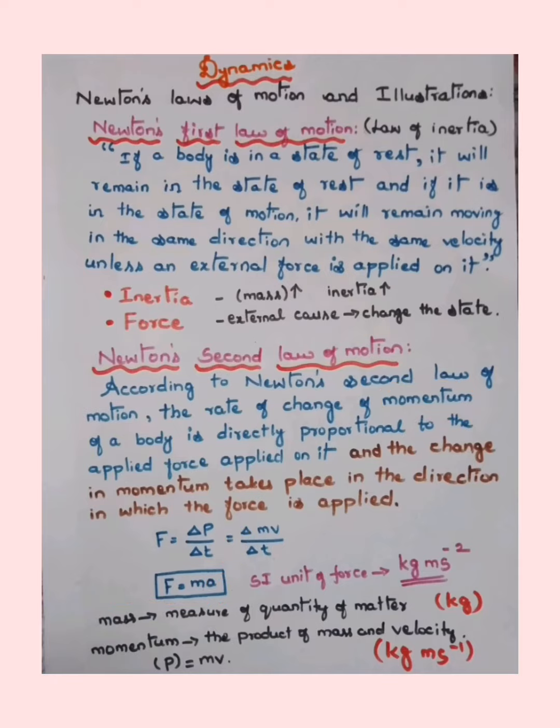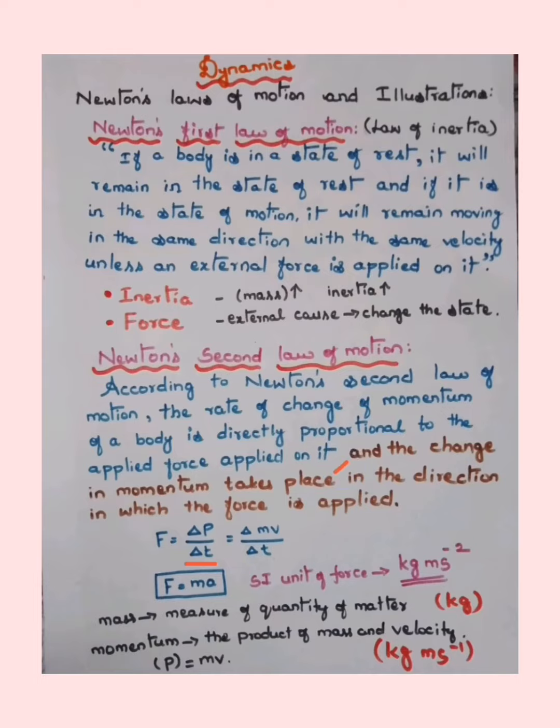According to Newton's second law of motion, the rate of change of momentum of a body, that is delta P, where momentum is represented by the letter P, is directly proportional to the force applied on it. Whenever we write delta, it means a small change, and even in mathematics we use this delta symbol. We represent it as F equals delta P by delta t.